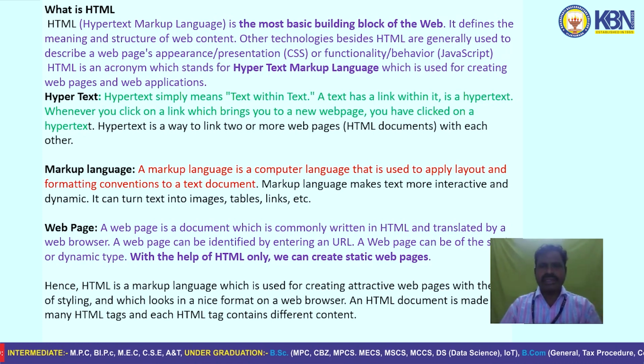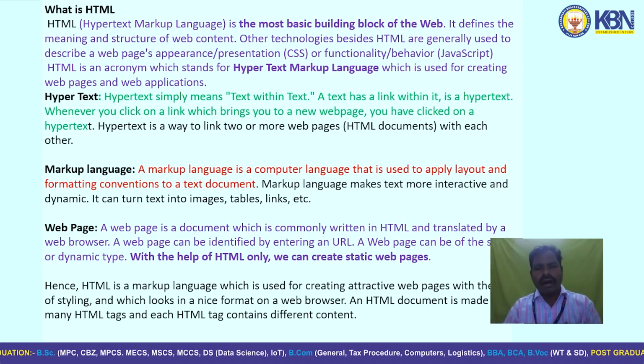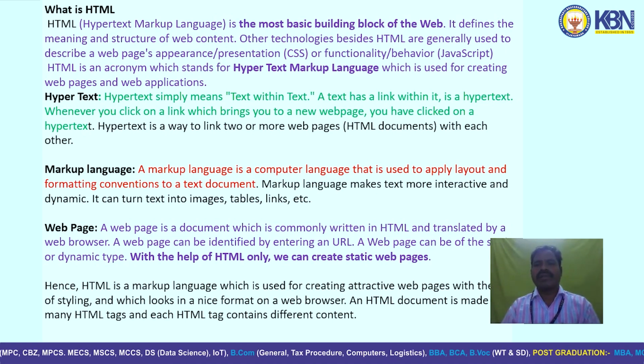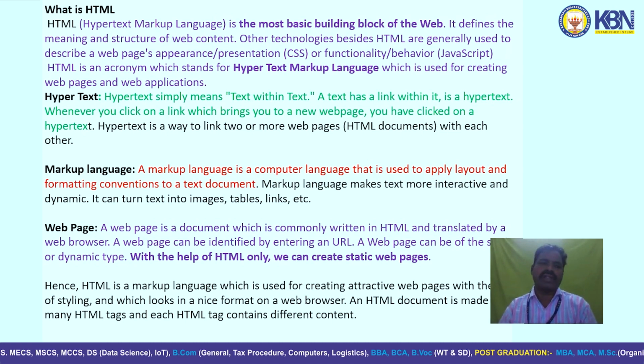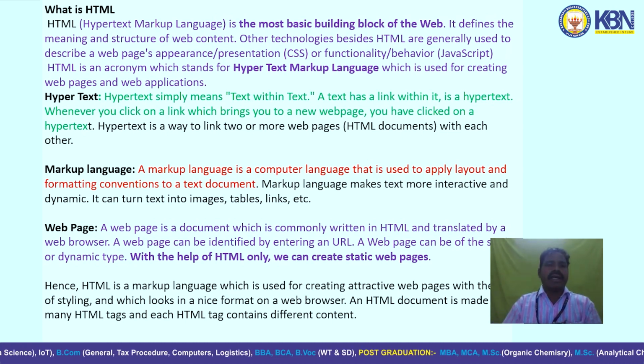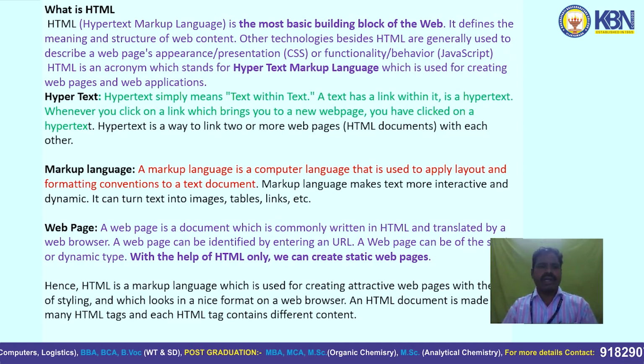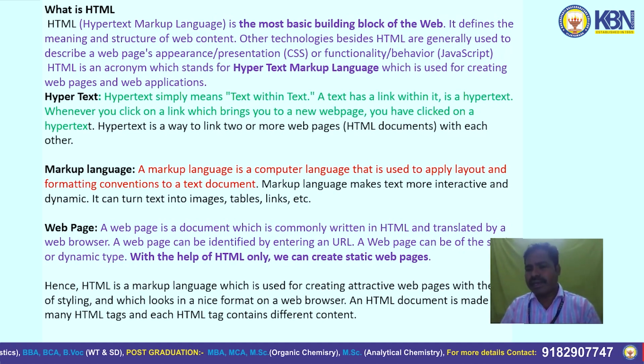Other technologies besides HTML are generally used to describe a web page's appearance, presentation, or functionality and behaviors, such as JavaScript. We need JavaScript also, using this HTML language. HTML is an acronym which stands for Hypertext Markup Language, which is used for creating web pages and web applications.